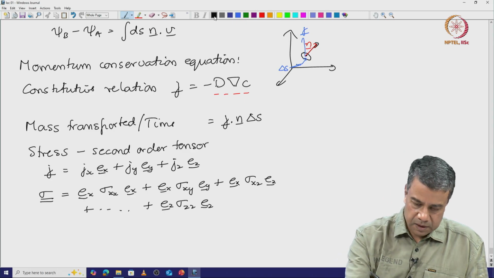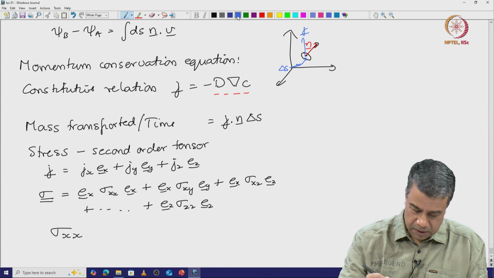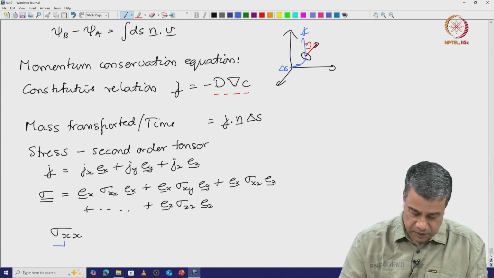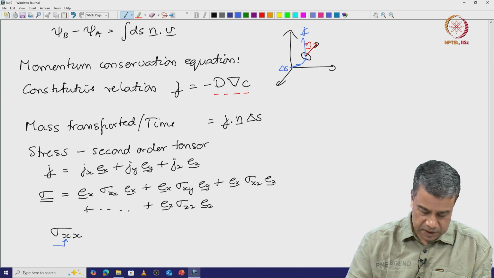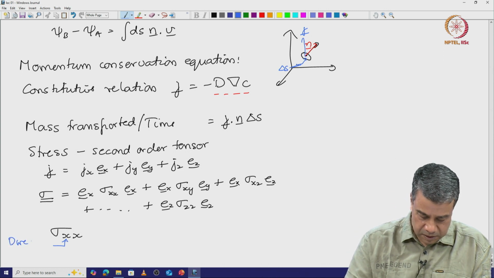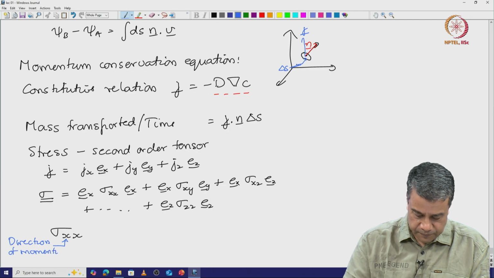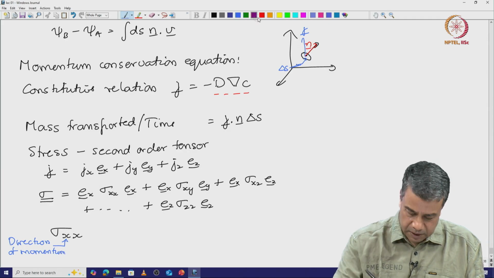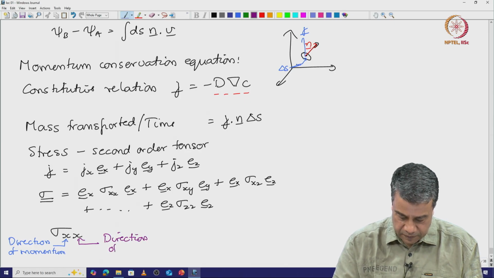So, in this first component sigma xx, for example, in the convention that we will use, the first index is the direction of momentum, and the second one is the direction of transport.